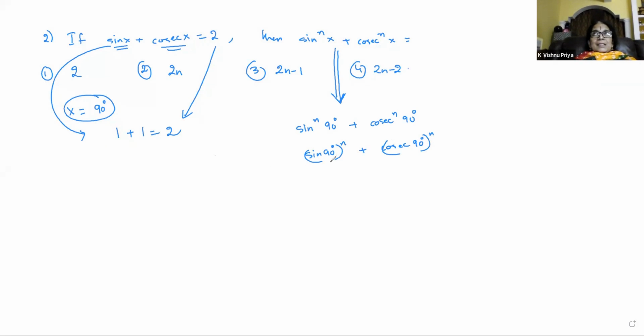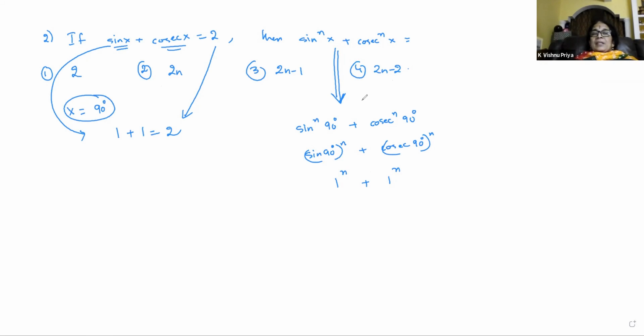Now what is sine 90 degrees? 1, so 1 power n. What is cosecant 90 degrees? 1 power n. You know what 1 power n will be? 1 power anything will be 1 only.